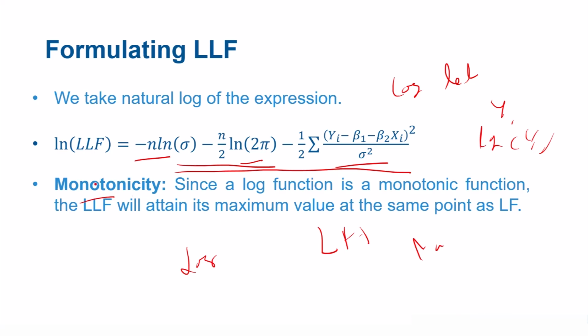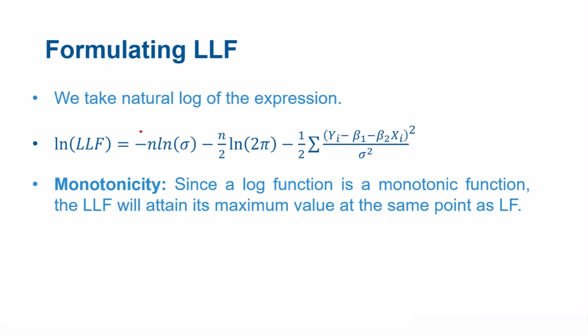This is called monotonicity, which is followed by the log function, and therefore this function will attain its maximum value at the same point as the likelihood function. So to summarize, in this video, we formulated our typical log likelihood function for a regression variable with conditional distribution. And now that we have formulated this log likelihood function, we would like to maximize it.